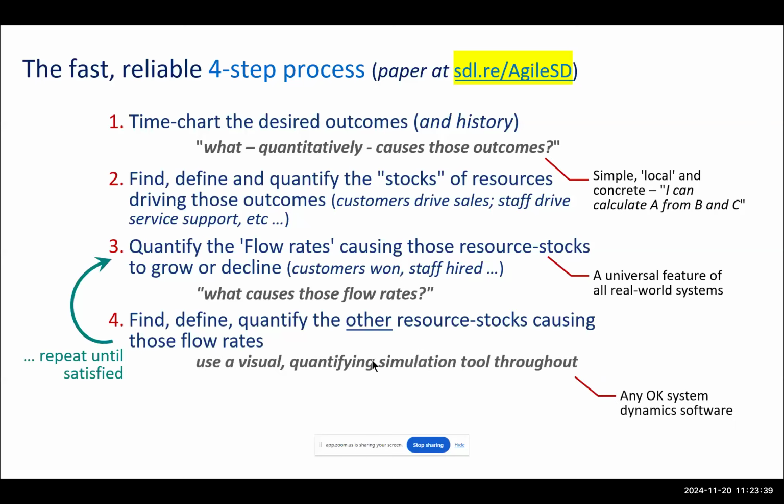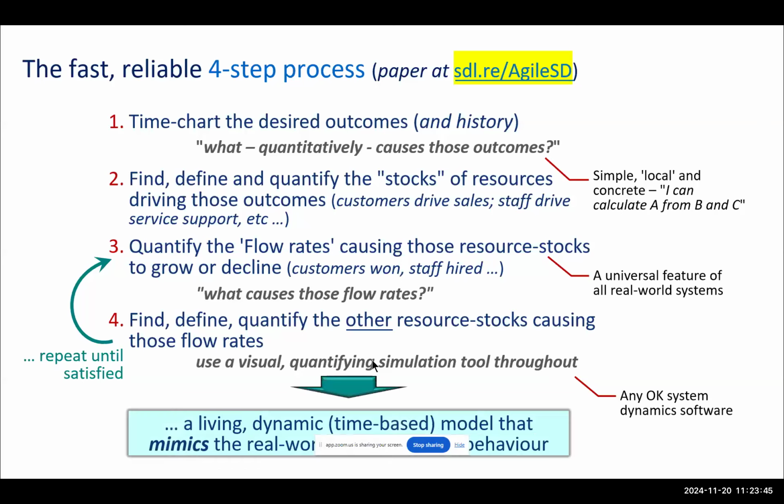If you then add a visual quantifying simulation tool to do all of that, then you end up with a living, dynamic, we call it a digital twin because it matches the real world, a model of that situation. Now, the process I'm going to take you through this afternoon is completely independent of what software you use.